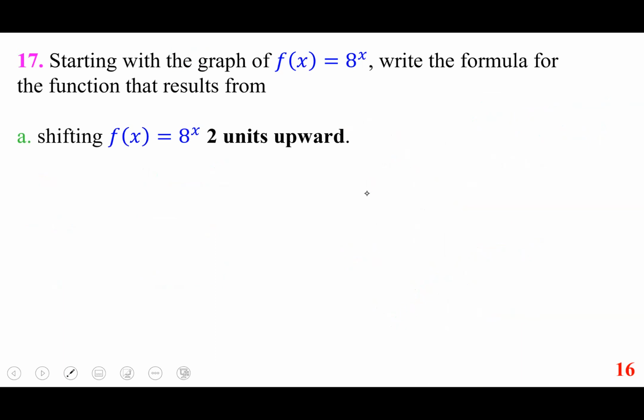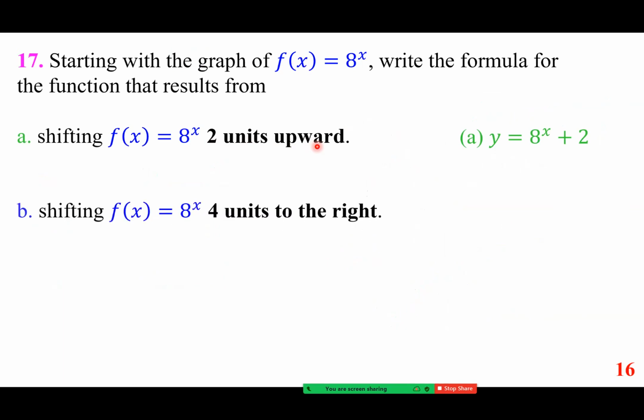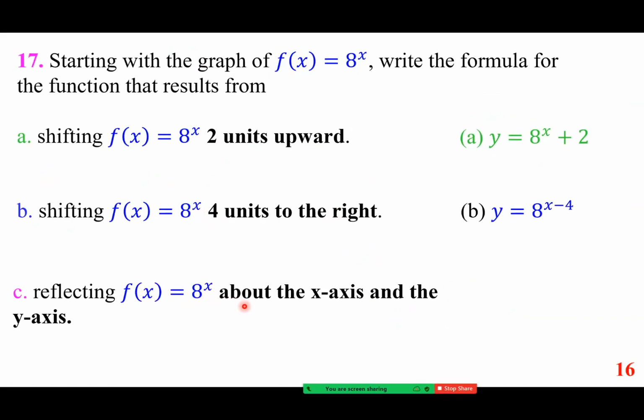Here's f of x, 8 to the power of x. We're going to move it 2 units up, so plus 2. Same function, 4 units to the right. So we change the x to x minus 4. Same function, this time we're going to reflect it about the x-axis.